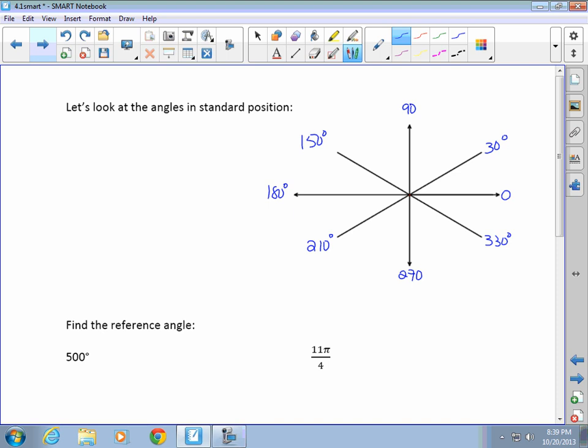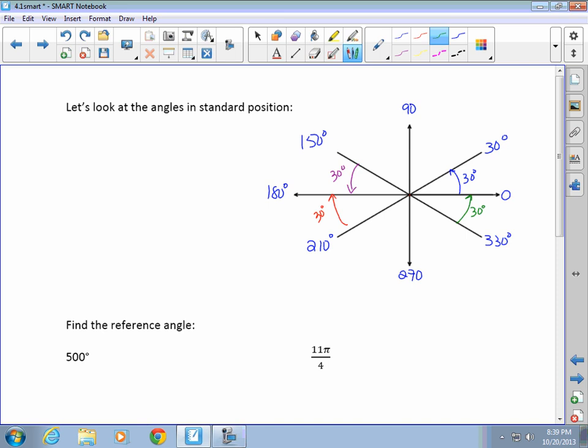So the one thing you might notice is the distance they are from the x-axis. So 30 degrees here is 30 degrees from the x-axis. 150 degrees is 30 degrees from that x-axis. 210 degrees is 30 degrees from the x-axis. And then the last one, 330 degrees, is 30 degrees from the x-axis.